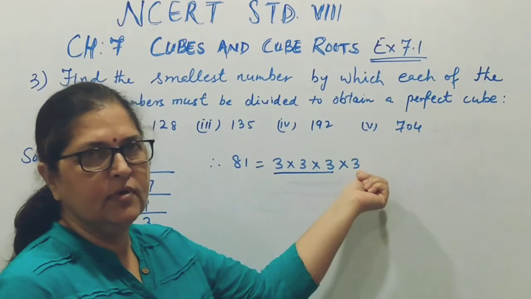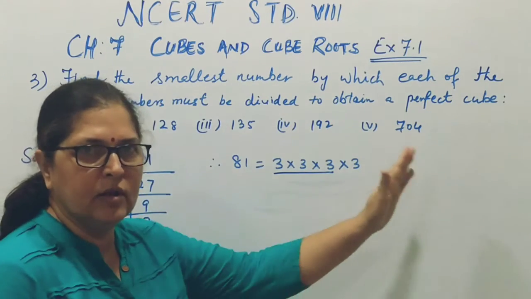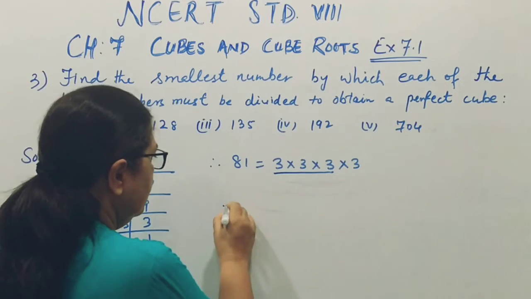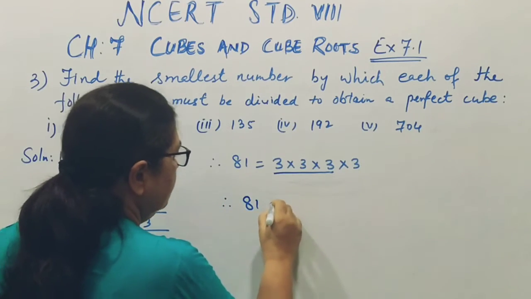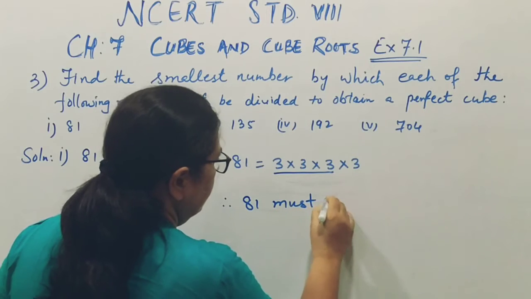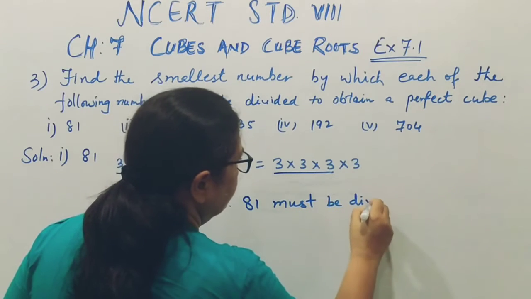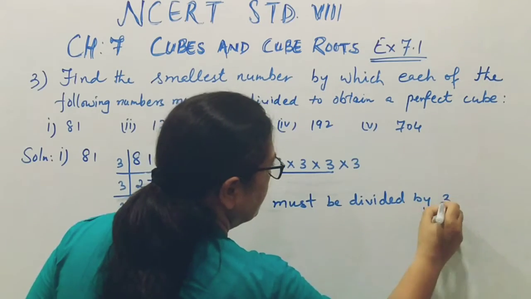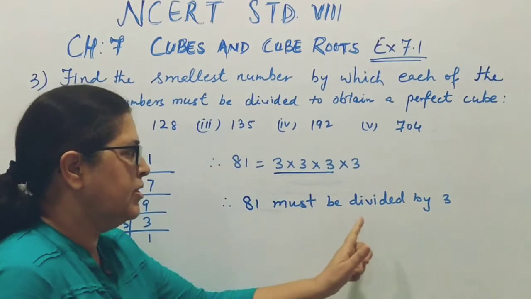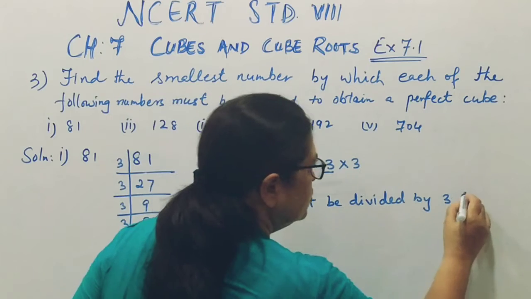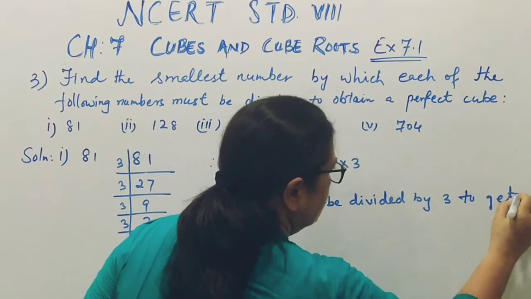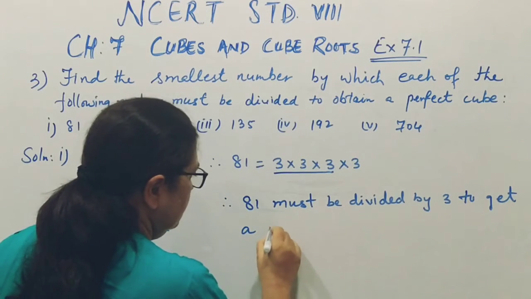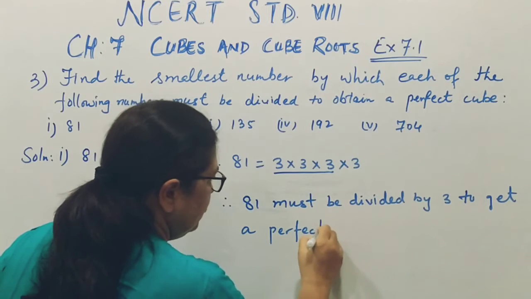That is, 3 is left alone. So we will remove this. Therefore, 81 must be divided by 3 to get a perfect cube.